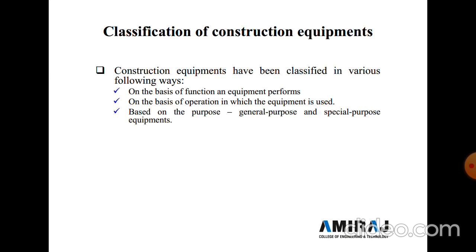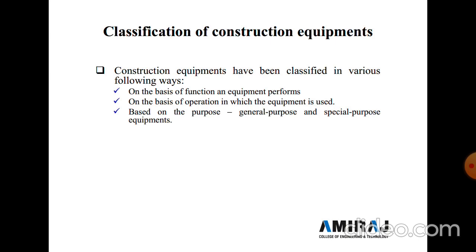The second is on the basis of operation in which the equipment is used. There are different operations in construction work, like excavation, then concreting work, then compacting work, then vibrating work. So these are the different operations, and different equipment is required to complete the task.